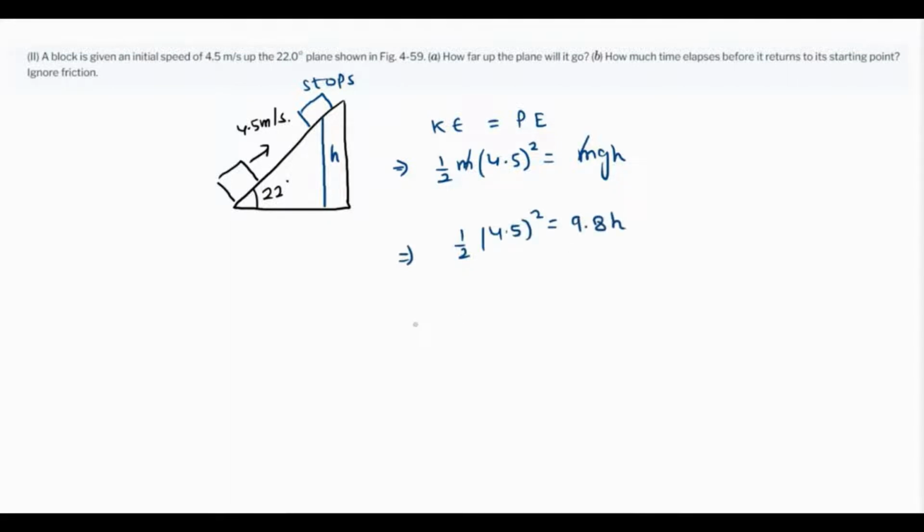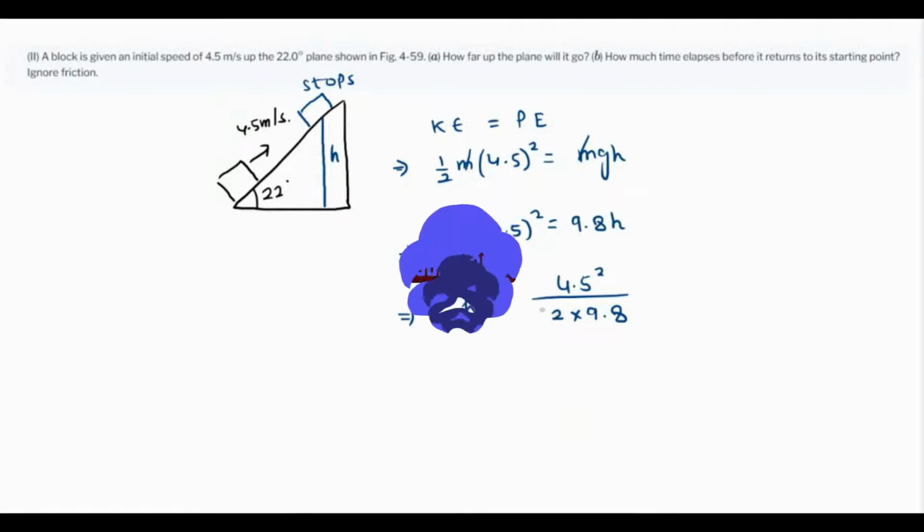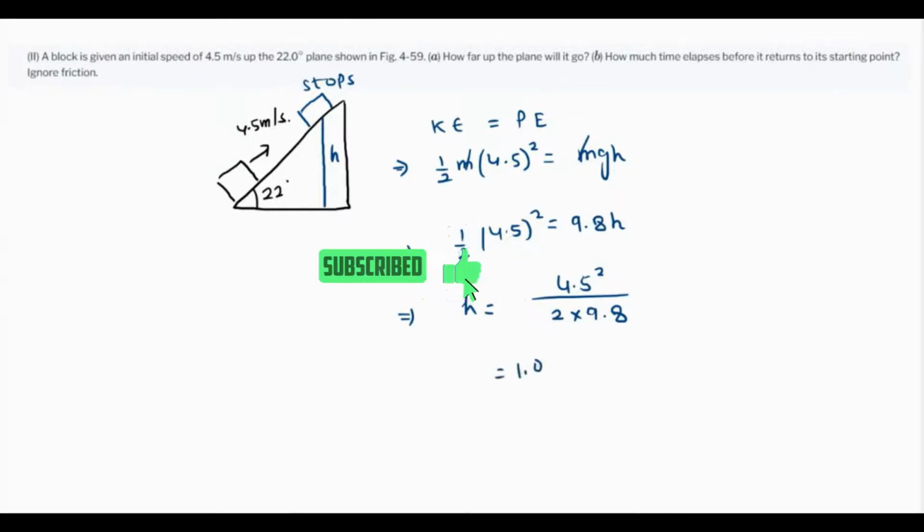So it's 9.8h, so h is going to be equal to 4.5 squared over 2 times 9.8. Let me grab my calculator here. 4.5 squared over 2 over 9.8. That's coming as 1.03. This is the required height.